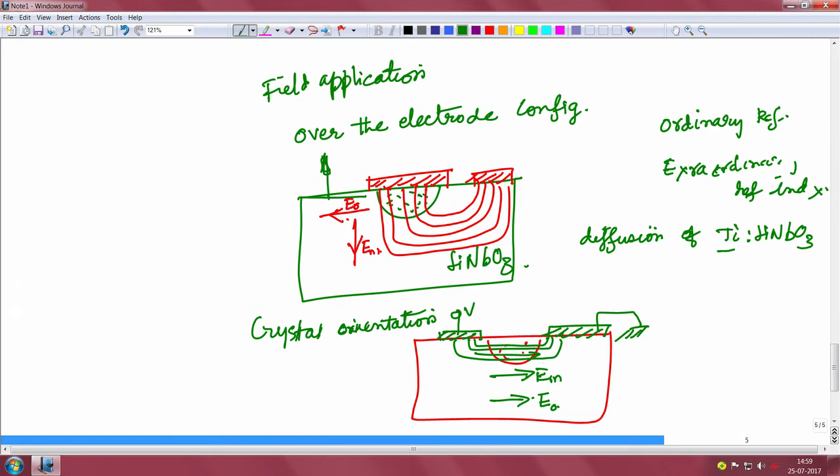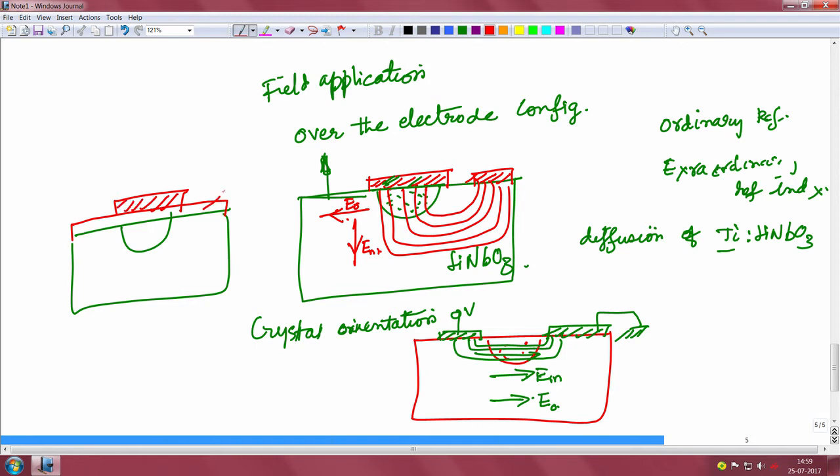There are many other practical issues. For example, a metal cannot directly be in touch with the optical field. So, we need to have a buffer layer before we do that. In the case of electrodes which can be placed over the waveguide, you form a buffer layer and then apply the voltage.